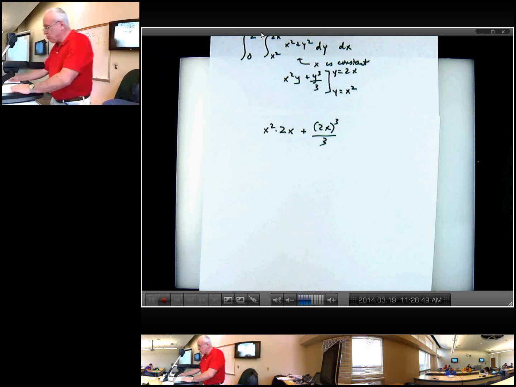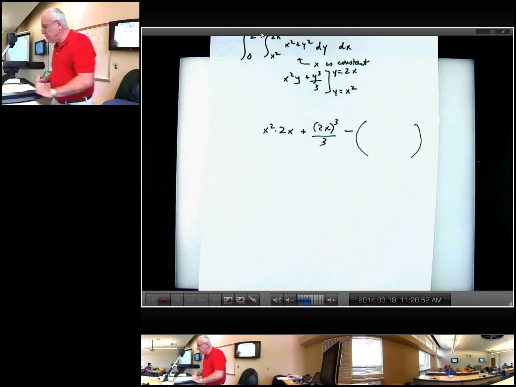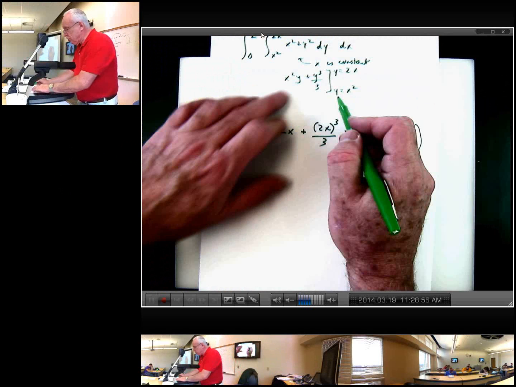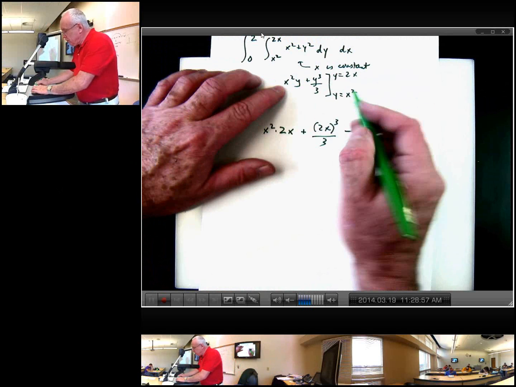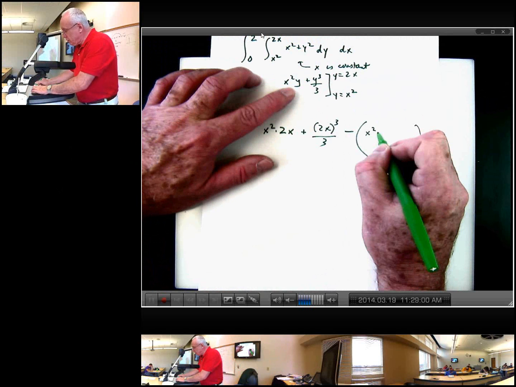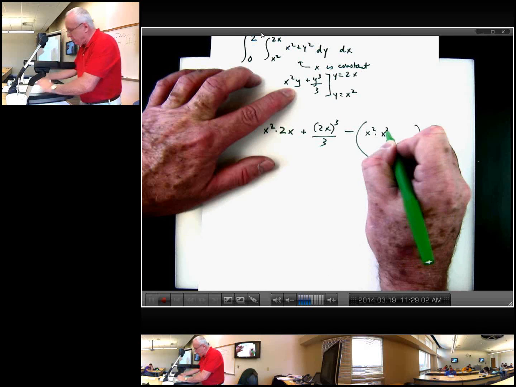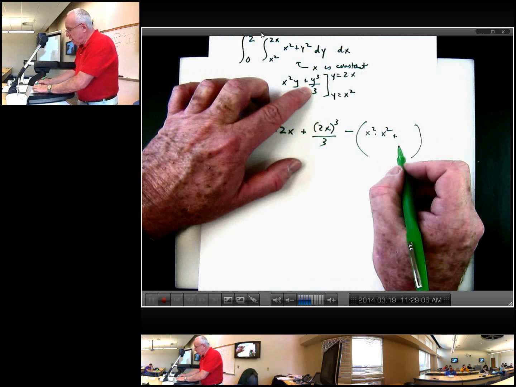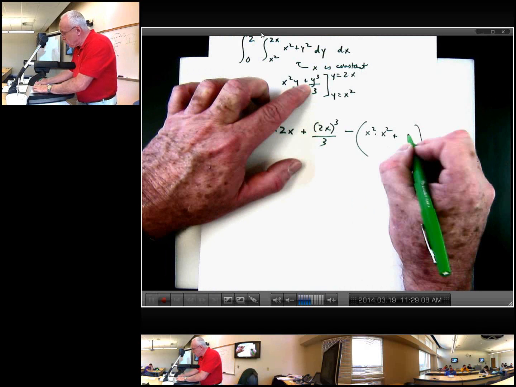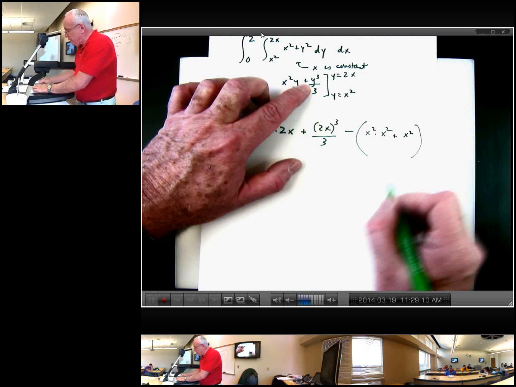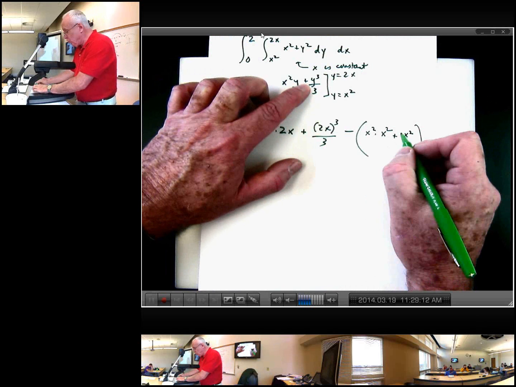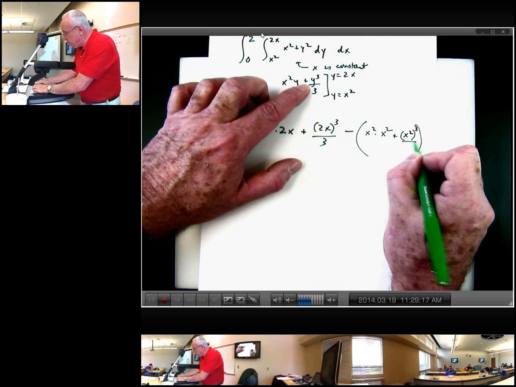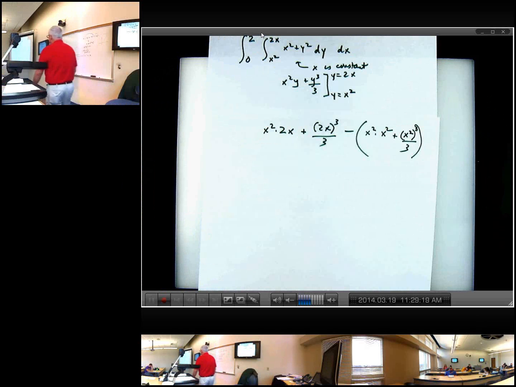And then I subtract my lower one. Here y is equal to x squared, so I'm going to have x squared times x squared, and then plus, y is x squared, but now this is y cubed over 3, so the x squared is going to be cubed, and it goes over 3.